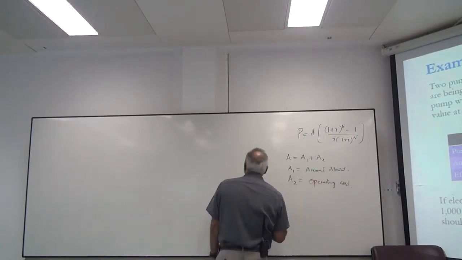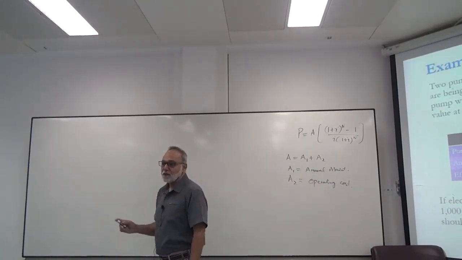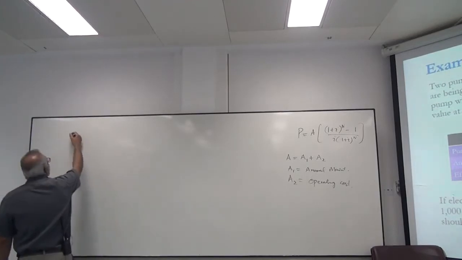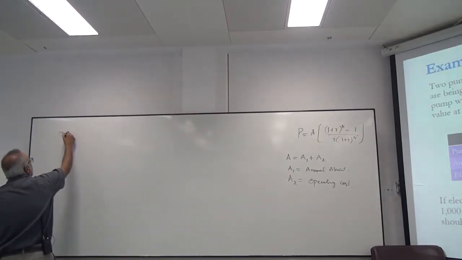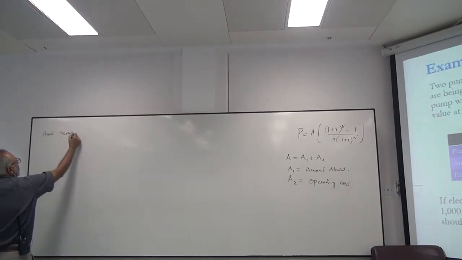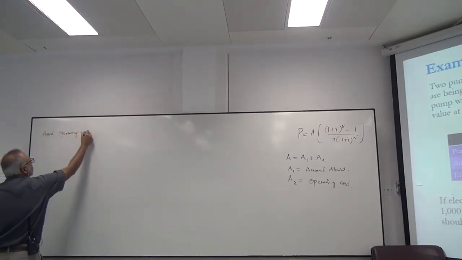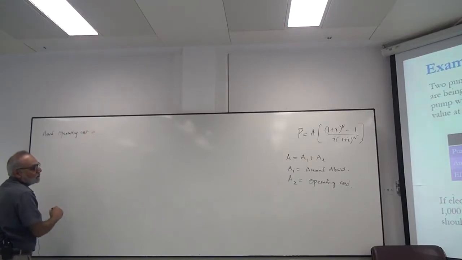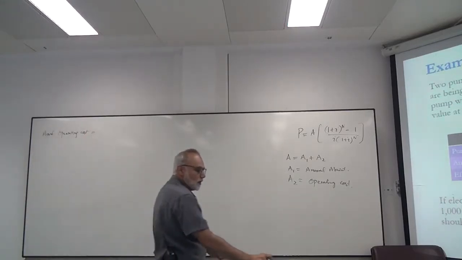Annual operating cost, we already have done it. I will show you again. This is the operating cost of ABC, the annual operating cost, which I said call it A2.